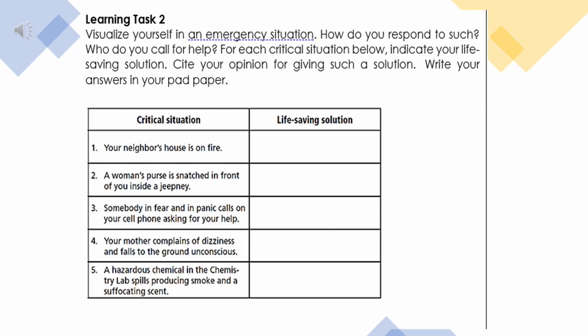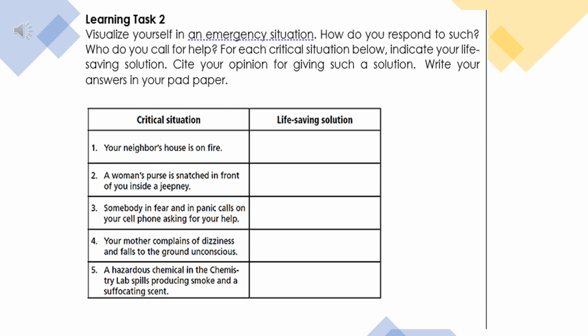Number 2, a woman's purse is snatched in front of you inside a jeepney. So what could be your life-saving solution? Since you've noticed that the victim of the snatching is not fully aware of it, you will be calling the attention of the victim or of the other people inside the jeepney.